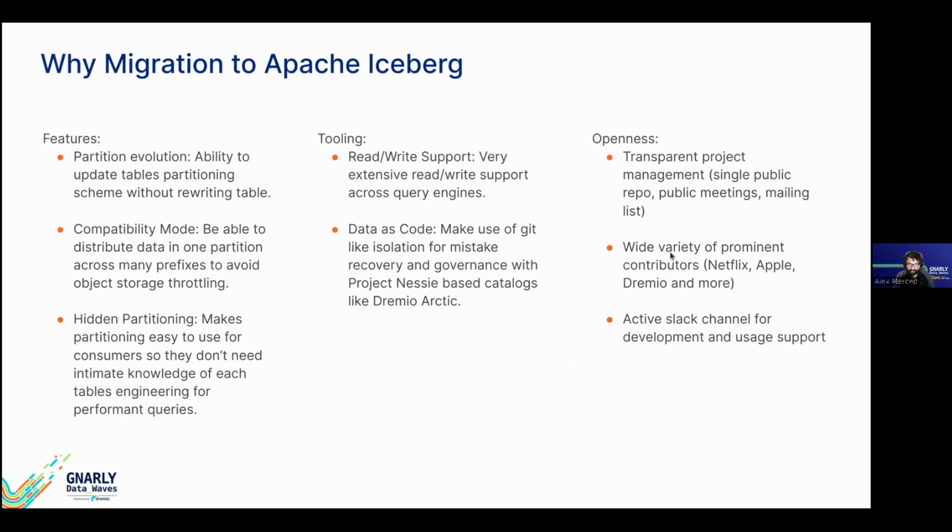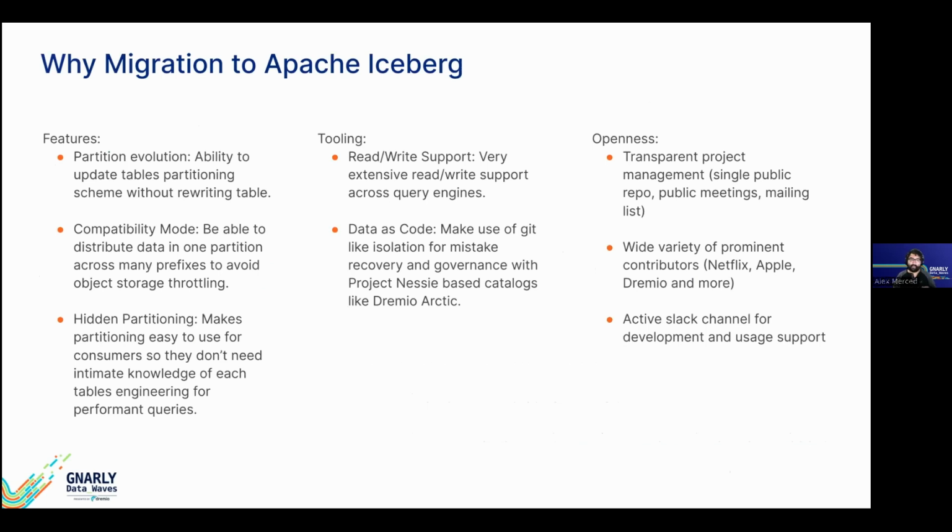Some of the things I mentioned are clearly why, but you're going to have a more robust feature set, because it's not just the improvements in performance and safety, there are also new features you get when you migrate to Apache Iceberg, such as partition evolution, the ability to evolve your partition without having to rewrite your entire table. You're also going to get compatibility mode.